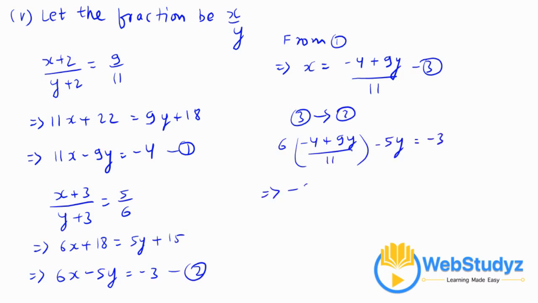Solving this, we get minus 24 plus 54y minus 55y equals minus 33. Solving this, we get the value of y as 9.